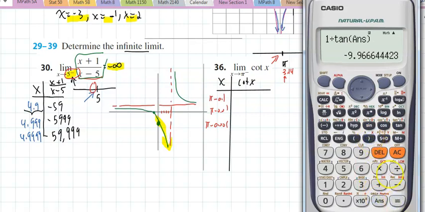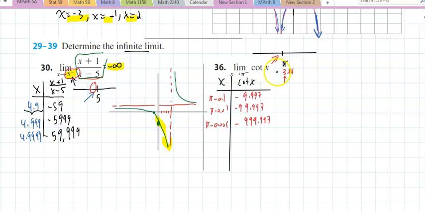And there it is, -9. I'm going to go to pi and subtract 0.01 and do it again, -99. And if I take pi and subtract 0.001 and do it again, I'm going to get that. Let me copy that down. So I would say that's -infinity.